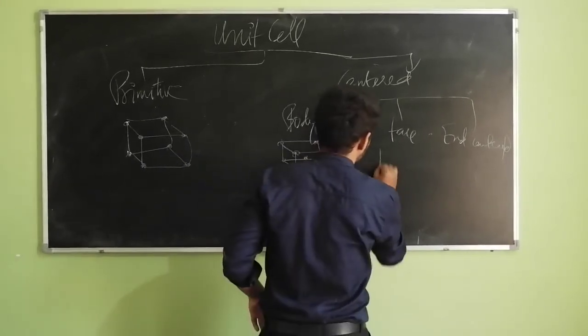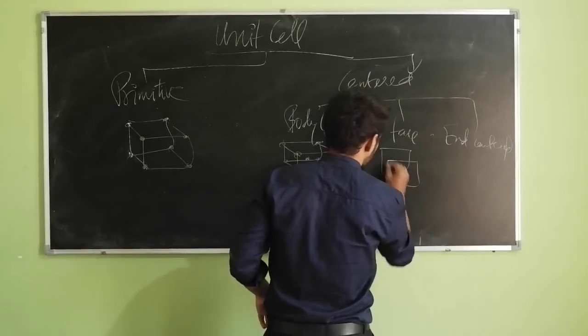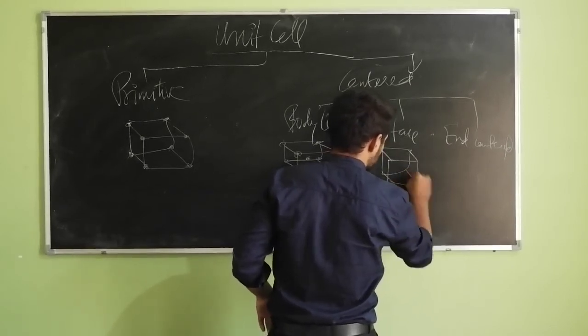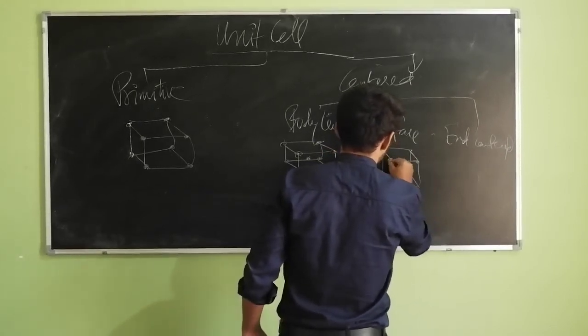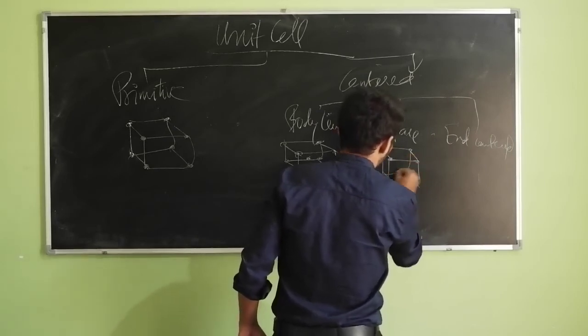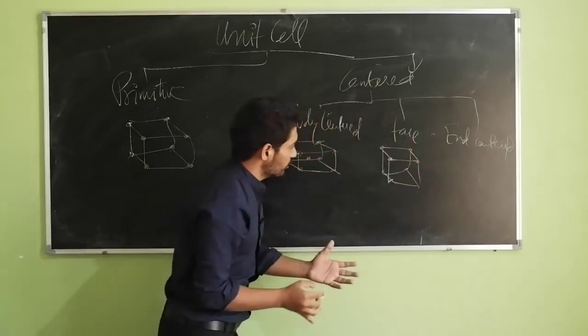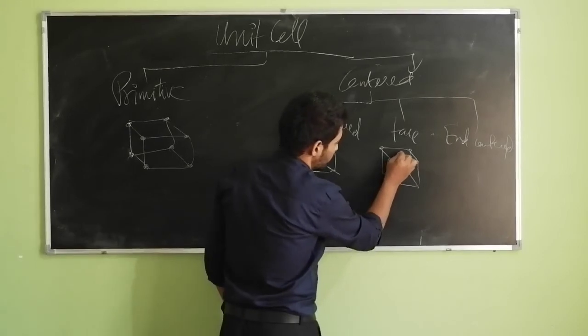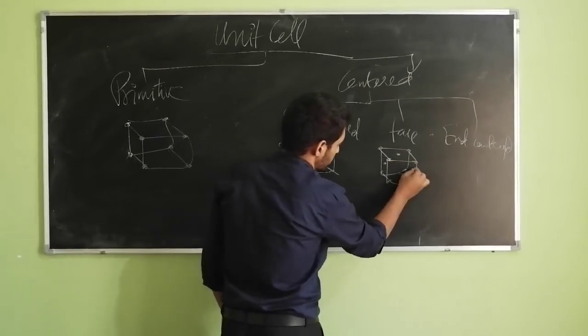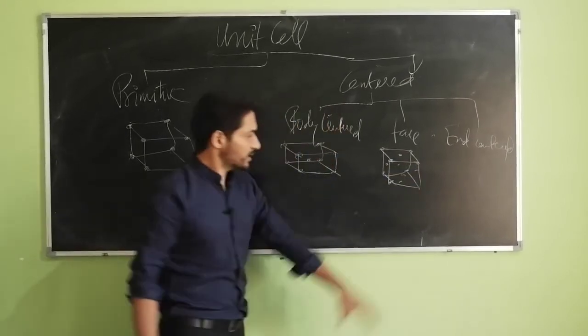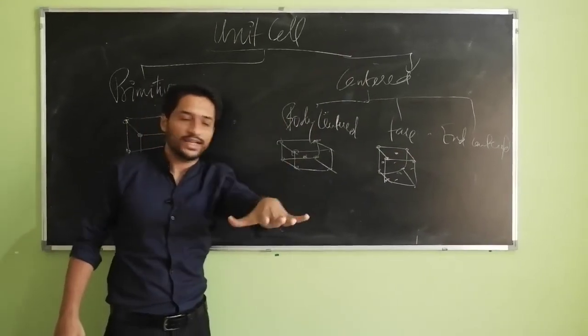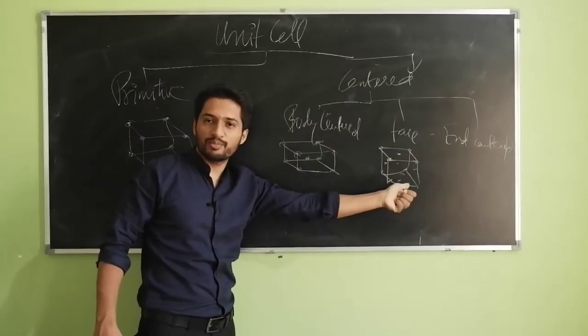In case of face centered, you have them at the corners and at the center of the face as well. So how many faces do we have? 1, 2, 3, 4, 5, 6. So 6 faces. At the center of each face we will have one more constituent particle.